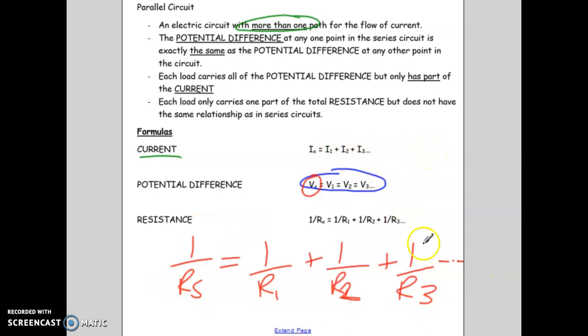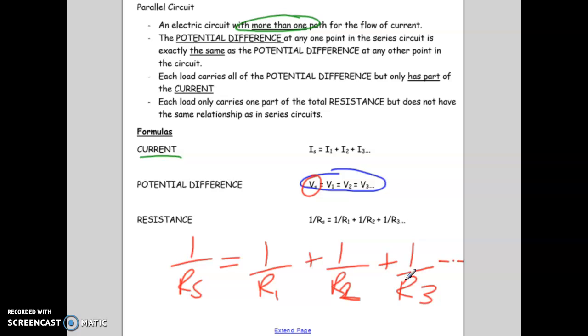This is known as Kirchhoff's law. You go into more detail in this in grade 11 physics. But what's happening here is basically 1 over the total resistance is equivalent to fractions of each of the loads' resistances.